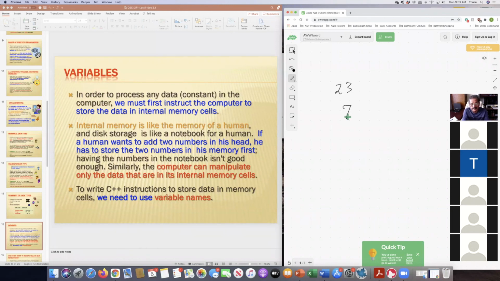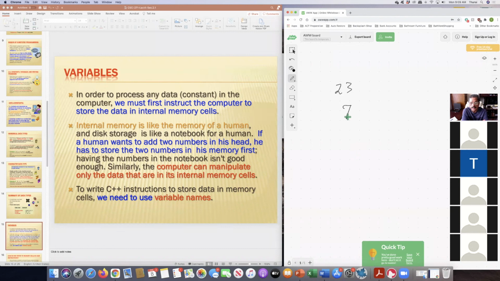It's similar to how our brain works. We need to tell the computer to do the same thing by writing step-by-step instructions, the way our memory, our brain, does it.